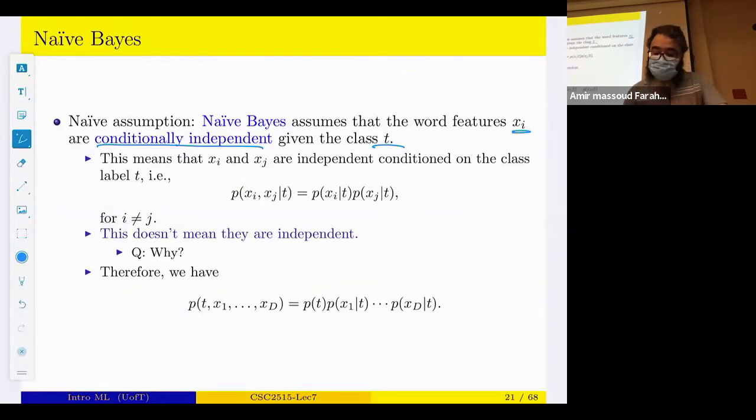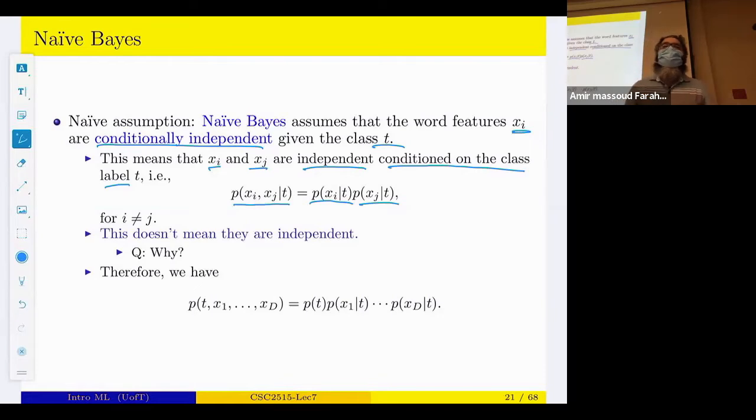So this means that if we have different xi and xj, they are independent when they are conditioned on the class label t. So p of xi, xj conditioned on t can be written as p of xi conditioned on t times p of xj conditioned on t, when i and j are different.